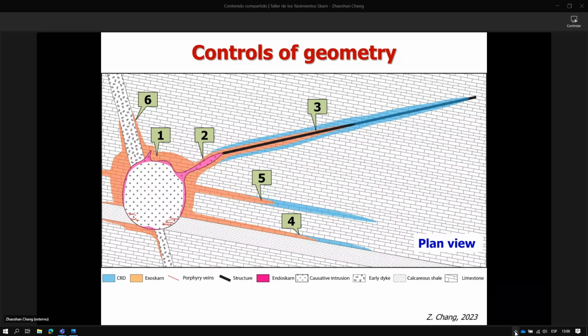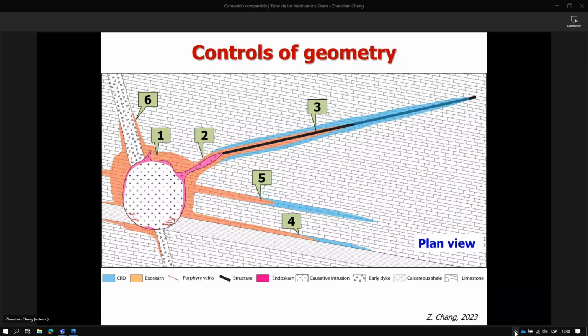This earlier intrusion may be barren, with no water coming out of it, but you still have the heat and generate that secondary permeability. Then when a later magma comes out and the water comes out of it, because of the permeability you actually form skarns along the boundary there.